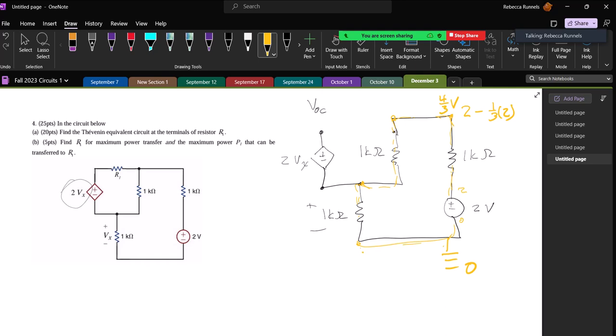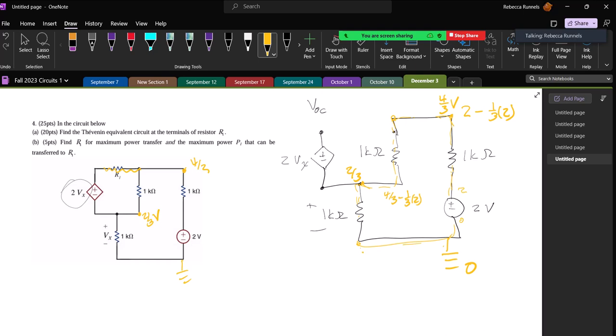Then across this one, I'll drop another third of 2, so 4/3 minus 2/3, and that would be 2/3. And then I drop my last 2/3 down here. So I know that when this is open, if I make this ground, I'm at 4/3 volts right here, and I'm at 2/3 volts right here.